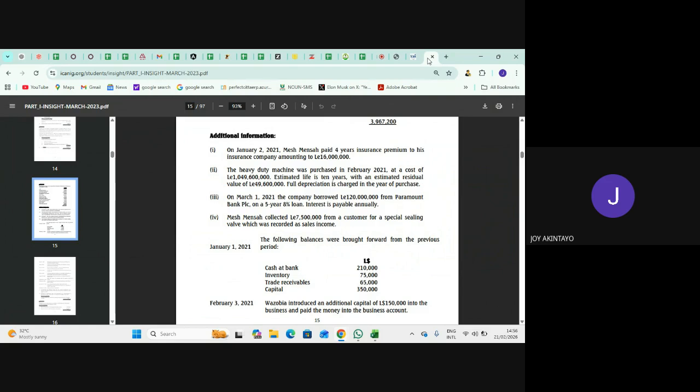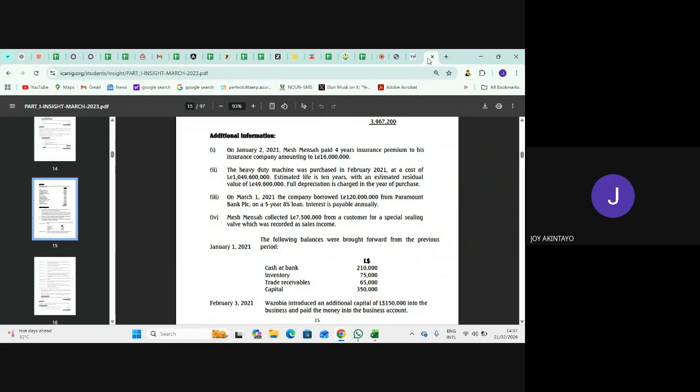The interest is payable annually. Since 31st of December is our accounting year end, we need to prorate this 8%.